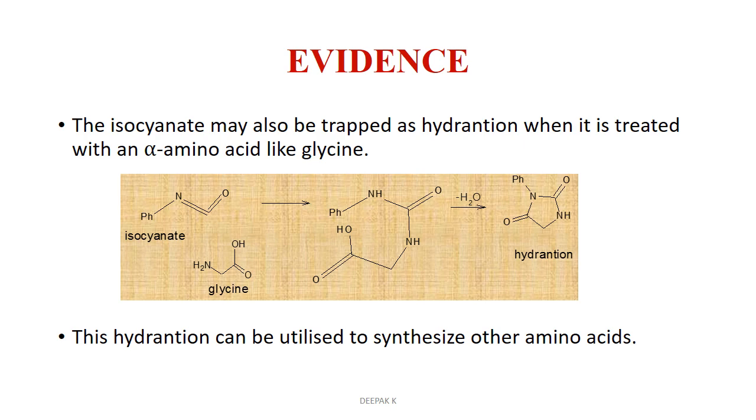So the isocyanate reacts with glycine to give this intermediate. Then from that intermediate, a water molecule is released, the OH group and one of the protons in NH, to give a hydantoin, and that intermediate can be trapped. This hydantoin can be utilized to synthesize other amino acids as well. So it's another evidence for this mechanism.